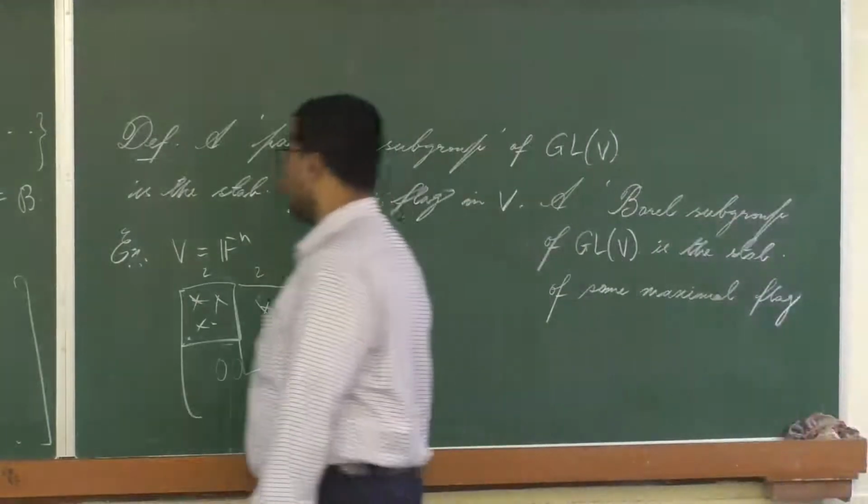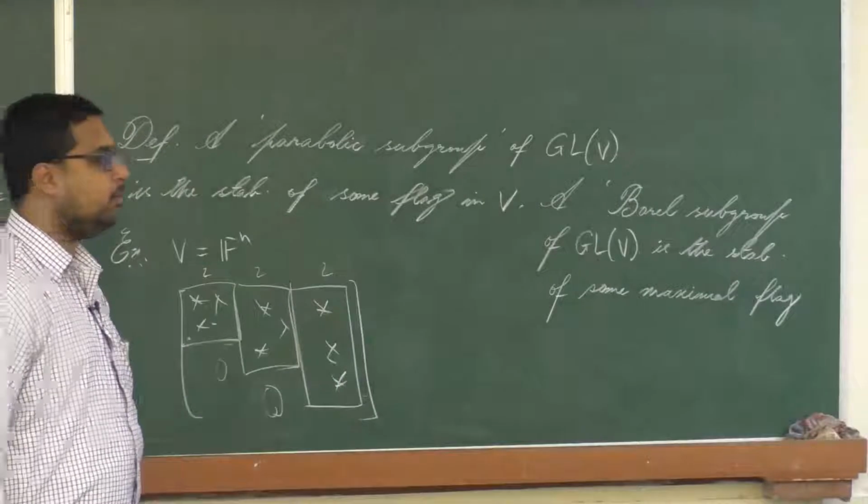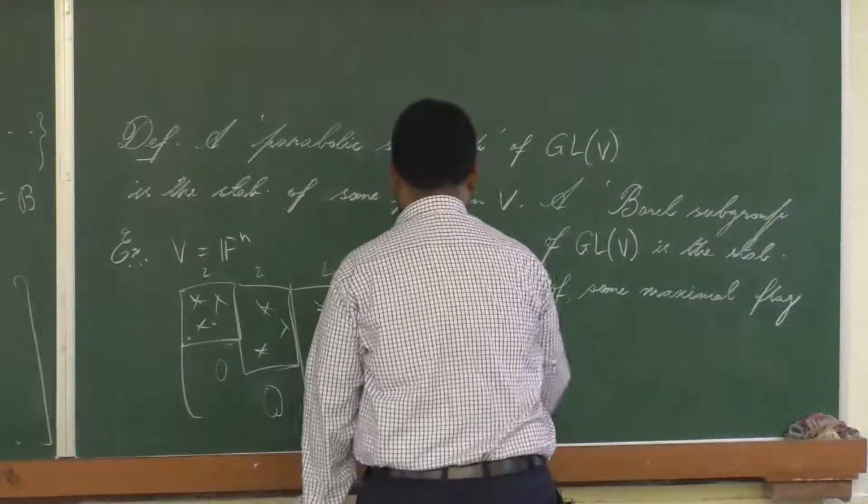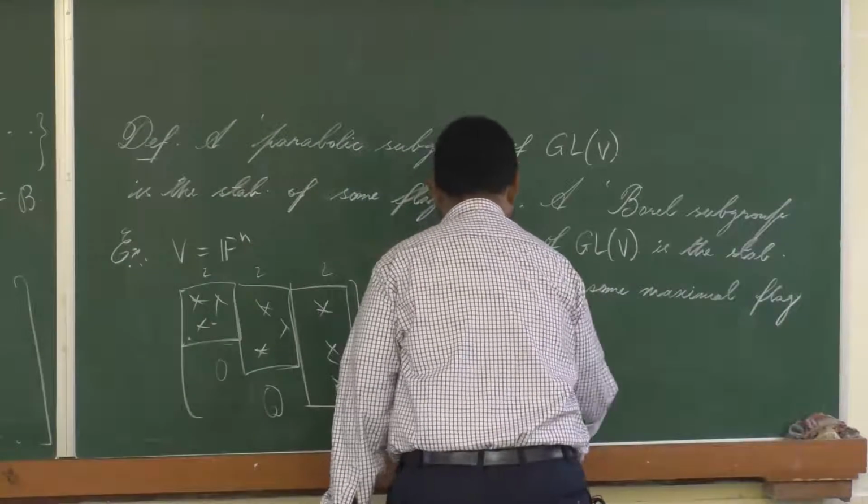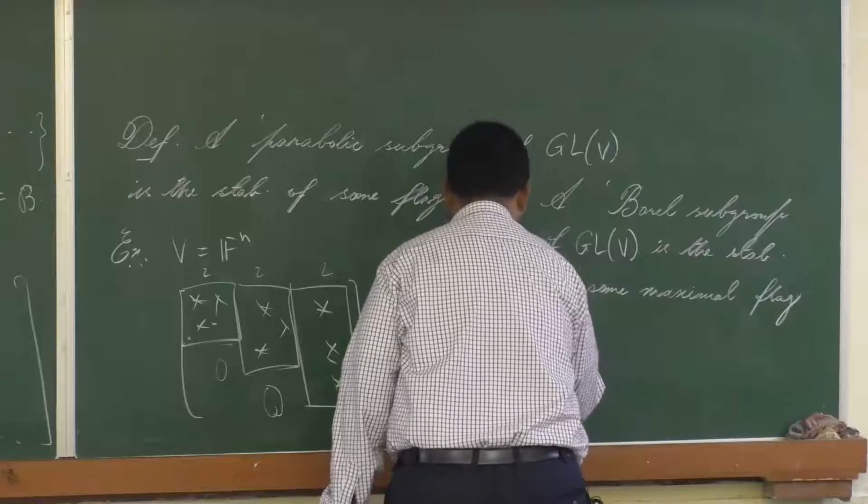For example, in case of F^n, this is just the upper triangular matrices.